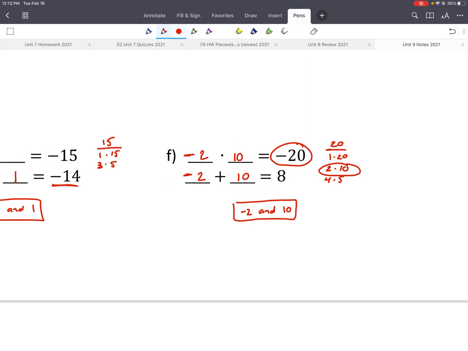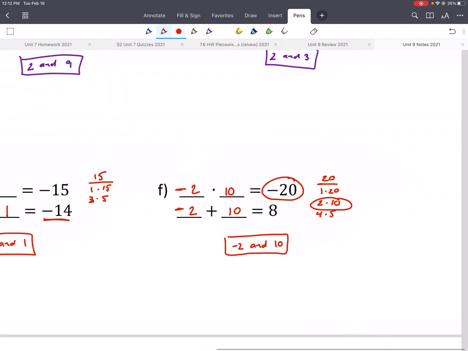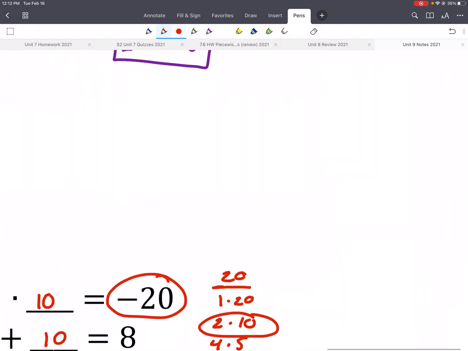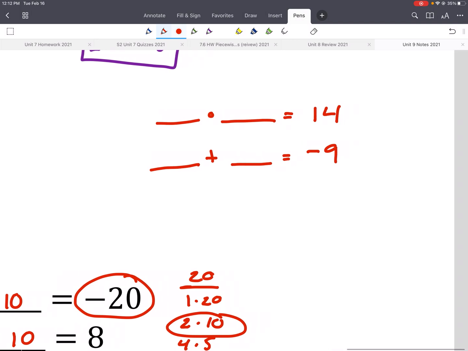One other thing, I don't think I actually did one like this. Maybe we should do that, okay? Let's do another one. Let's find 2 things that multiply to give us 14, and add to give us negative 9. Okay?